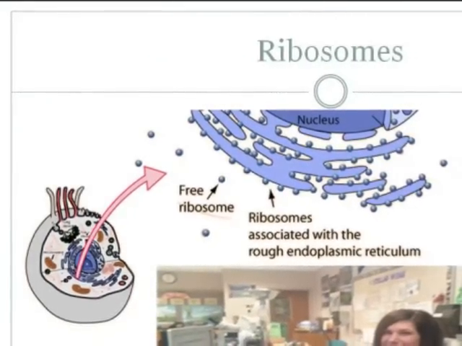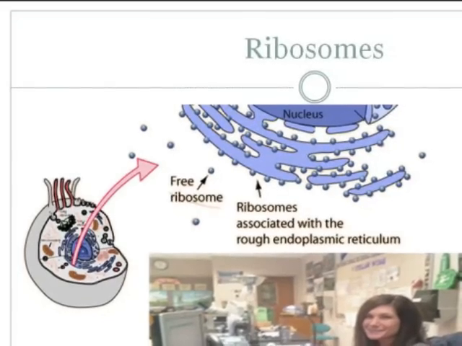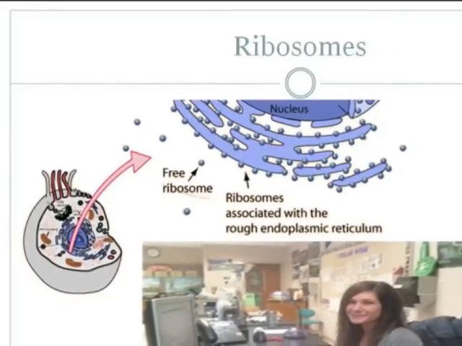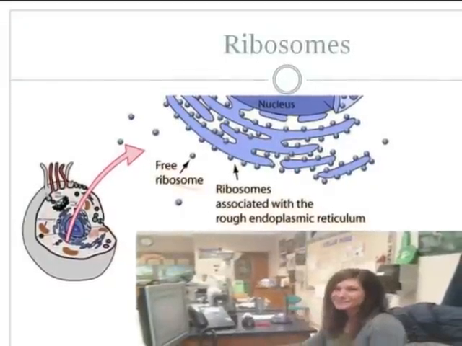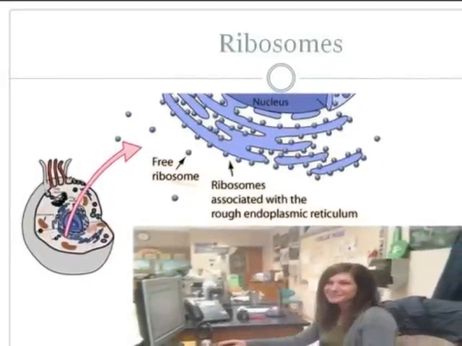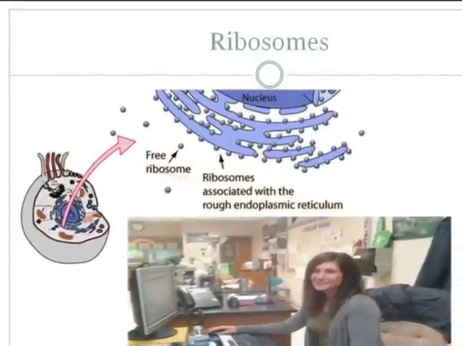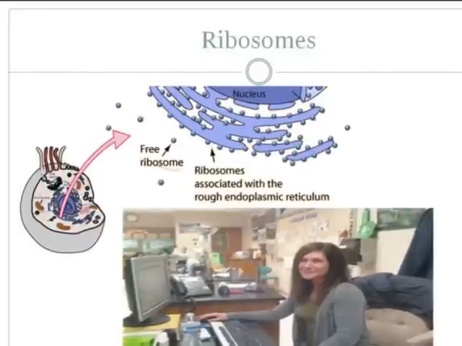Ribosomes are tiny organelles made up of RNA and proteins. Ribosomes are made in the nucleolus and are responsible for protein synthesis, or making proteins. Ribosomes are either attached to the rough endoplasmic reticulum or are free-floating in the cytoplasm.